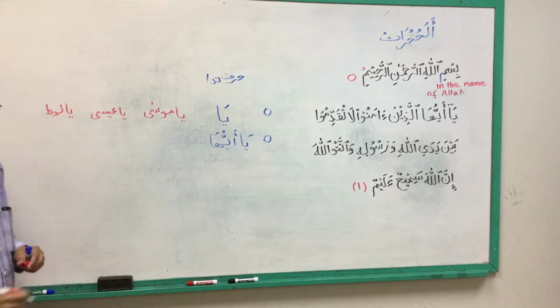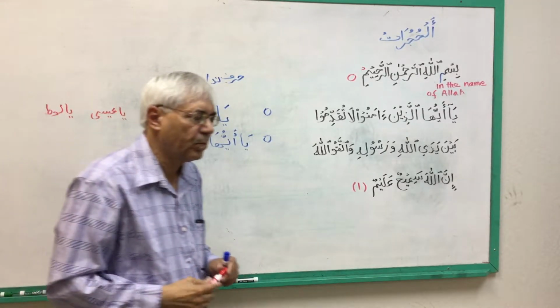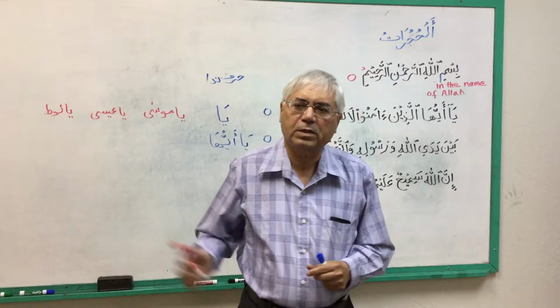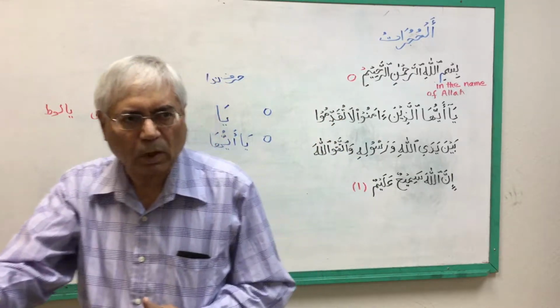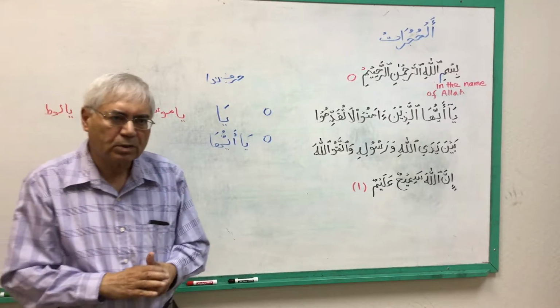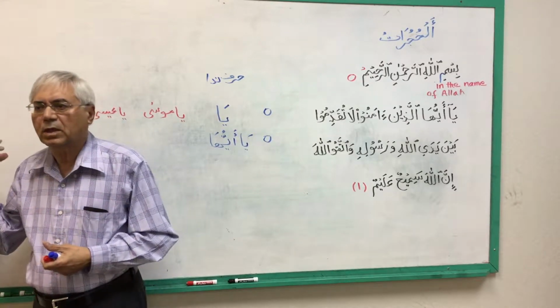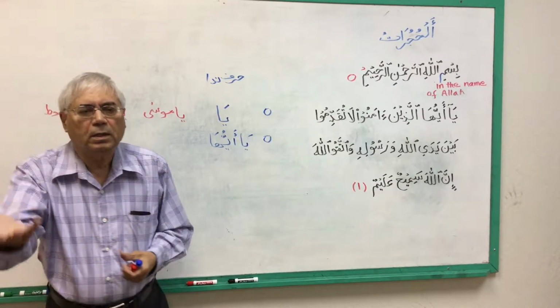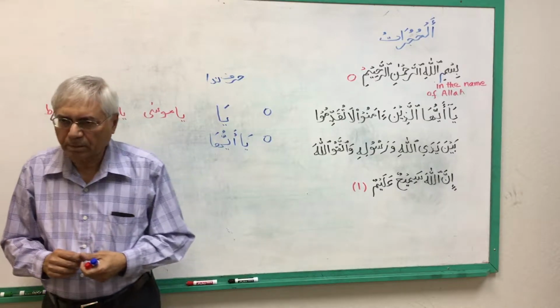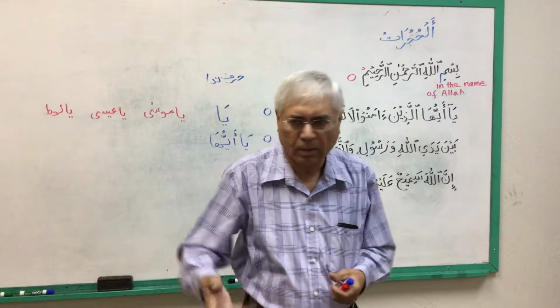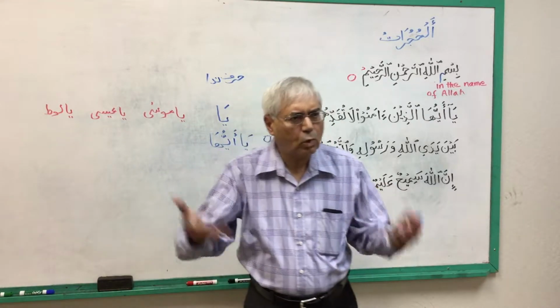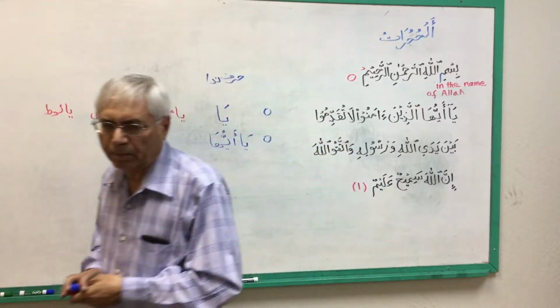These are the names of the messengers and the prophets. Quite a few of these, they all start with the word Ya. When Allah subhanahu wa ta'ala wants to speak to these prophets, these messengers, He starts with Ya Musa, Ya Isa, Ya Fir'aun. All these quite a few times you will see in the Quran.